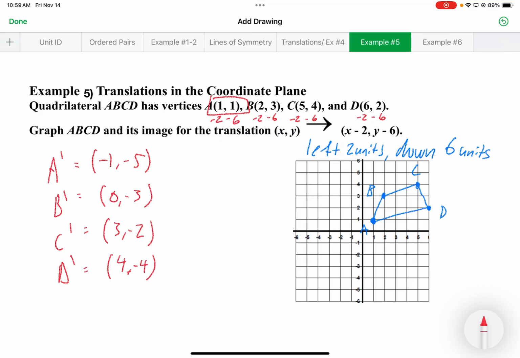Now we plot. A prime is at -1, -5. And then b prime is at 0, -3. C prime is at 3, -2. D prime is at 4, -4.